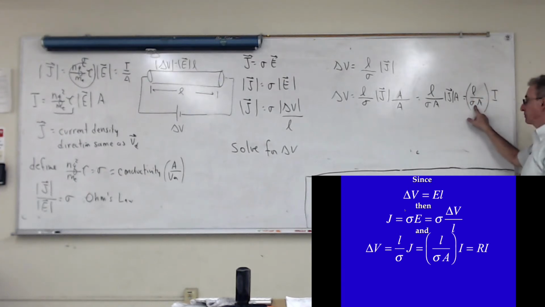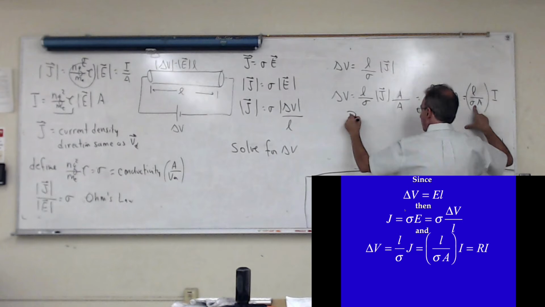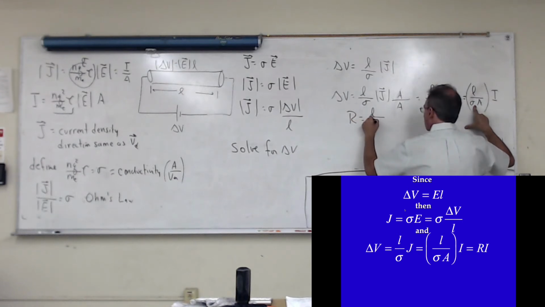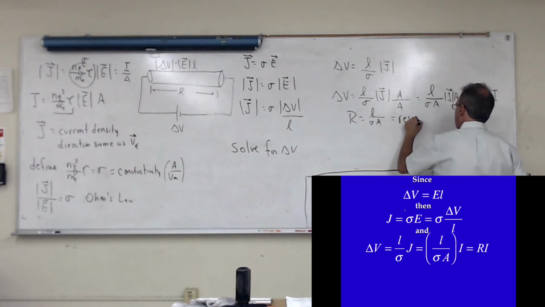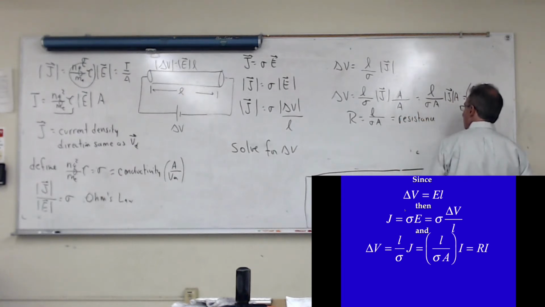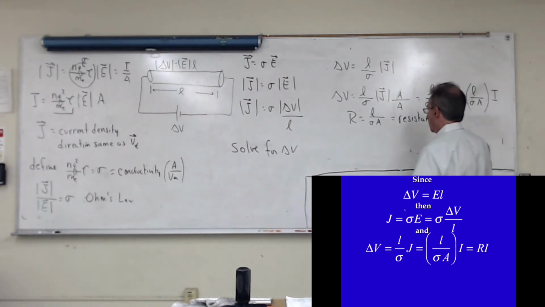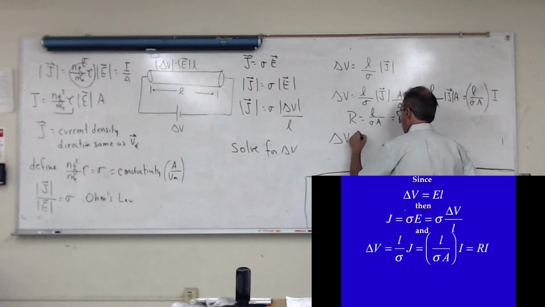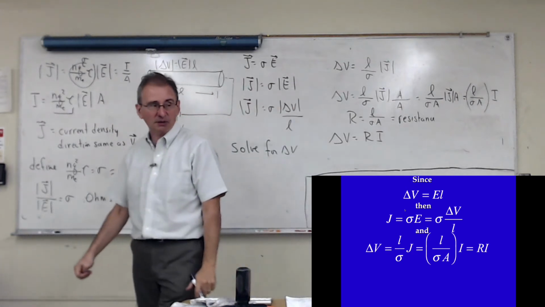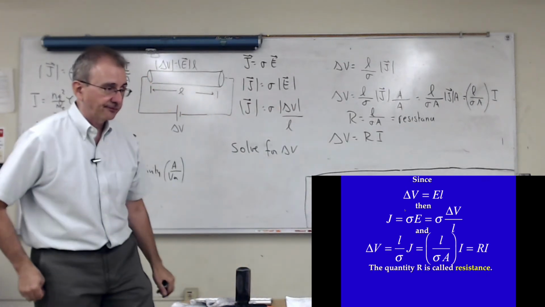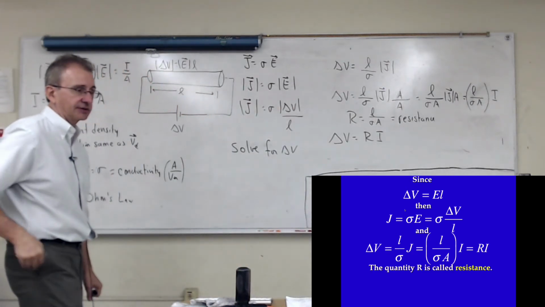This thing over here is called a resistance. So just multiplying numerator and denominator by A gives me Ohm's law that you're familiar with. So we can actually kind of model Ohm's law. You can see where this comes from. Okay, and R is called a resistance.